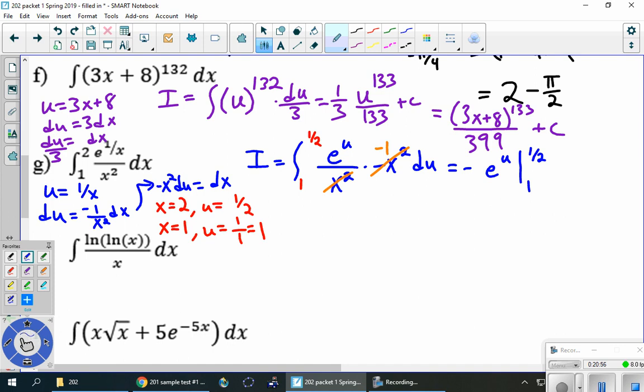We're not going back to x anymore. Negative, I'll just put it on the outside here. So we go e to the 1/2 minus e to the 1. And so negative e to the 1/2 plus e. It's okay to write those in the opposite order.